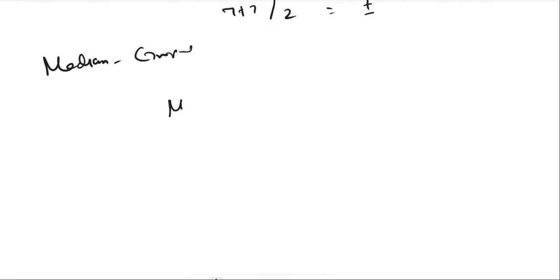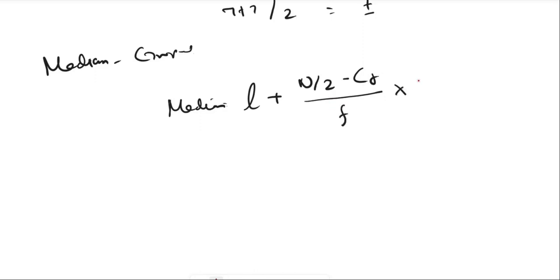To identify the median for grouped data, we have L plus n by 2 minus the cumulative frequency, and here we have the frequency, and H is the class size. For you, I will repeat it again.